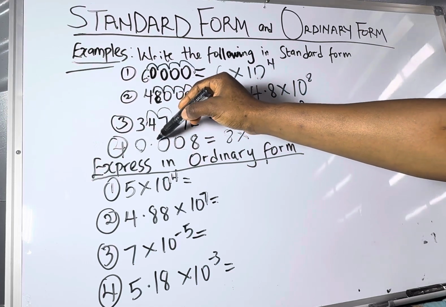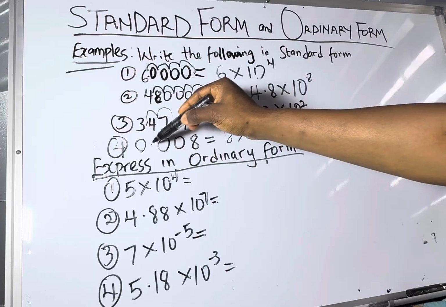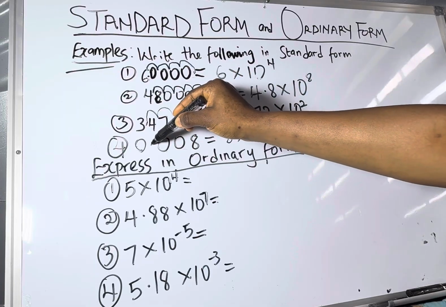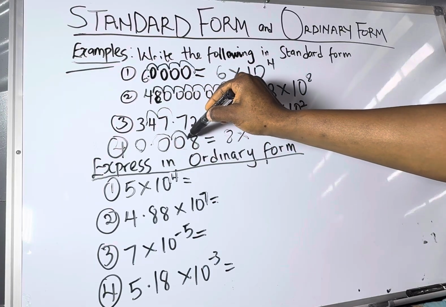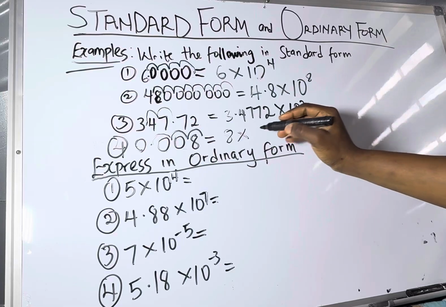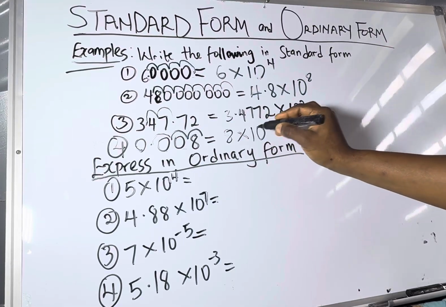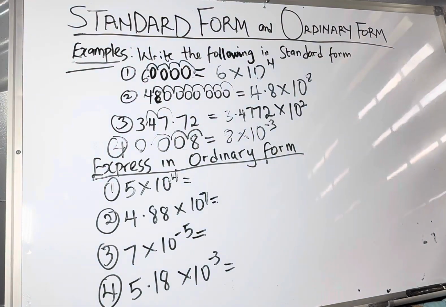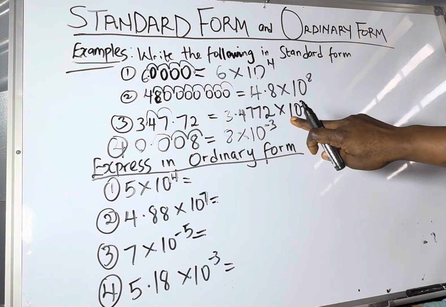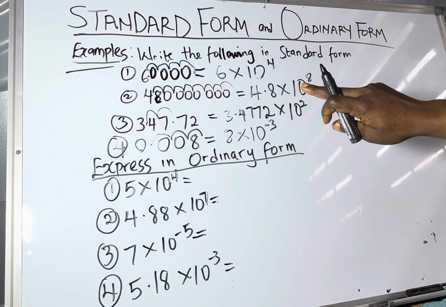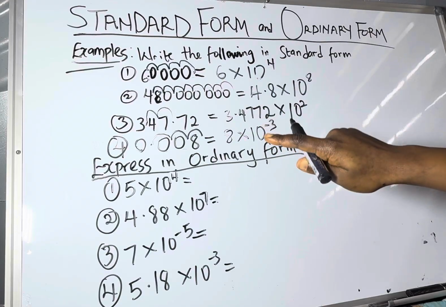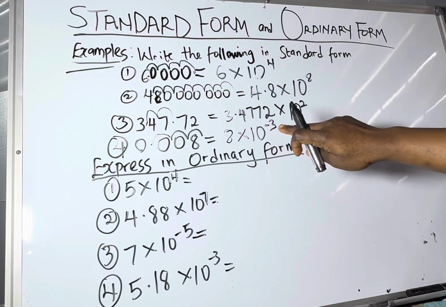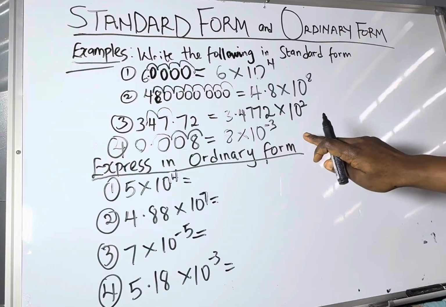We have 1, 2, 3. So we are moving it thrice. That will give us 8 multiplied by 10 raised to the negative power of 3. The reason why this power is negative is because when the first number is less than 1, it will always give a negative power.